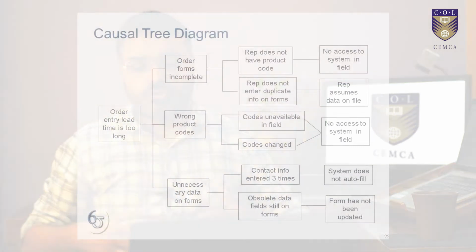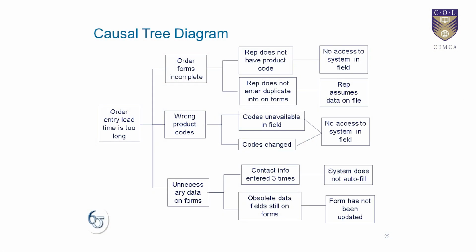Another example I would like to show you: order entry lead time is too high. Order entry lead time is, let's say, when you go to a coffee shop and you order a coffee, and it takes a lot of time for that person to just take your order because they're trying to find the right code or something. Sometimes you would have observed in a supermarket, you find a product and they do not know the code of the product in the system, so they take some time, they ask someone and so on.